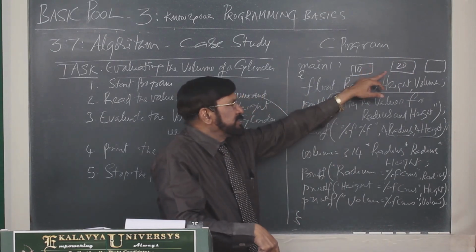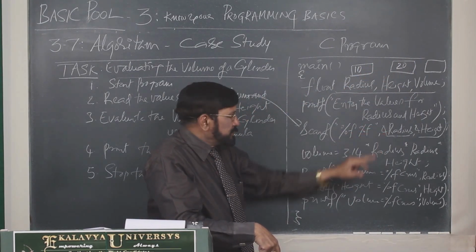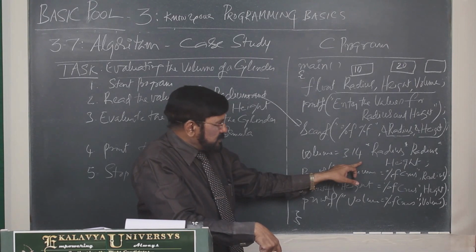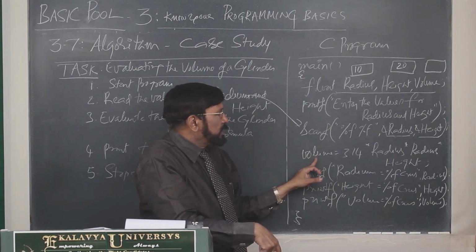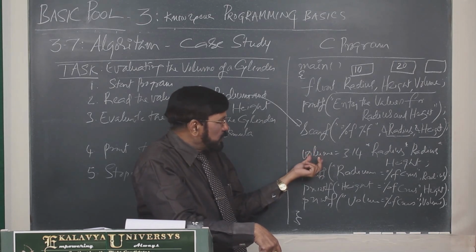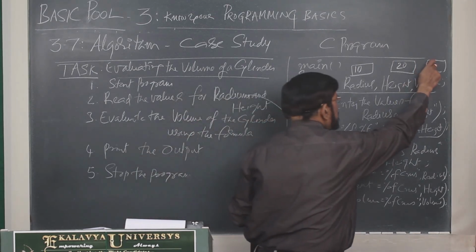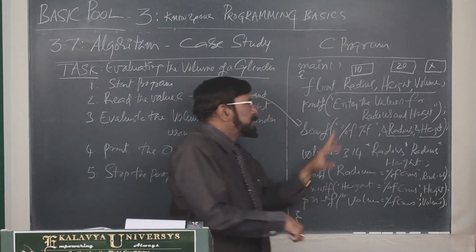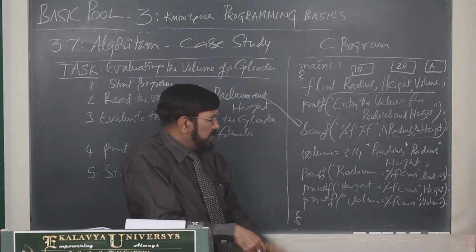Then these are stored in these when you input this. Thereafter, once this statement is executed, volume is evaluated and stored in that. The corresponding value is stored here. Okay, now three containers are filled with values.